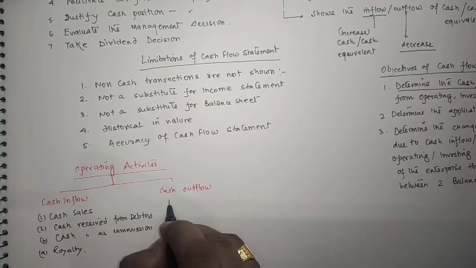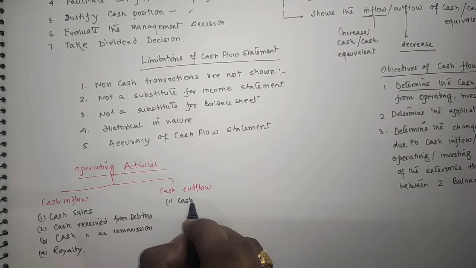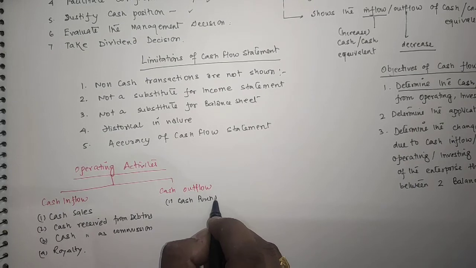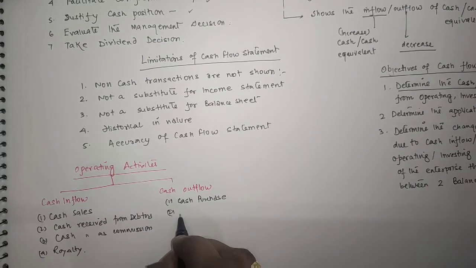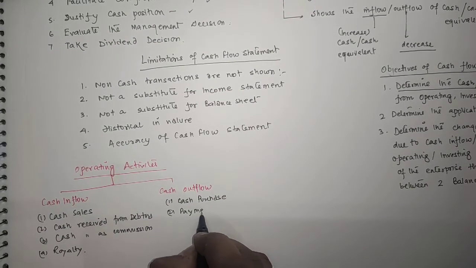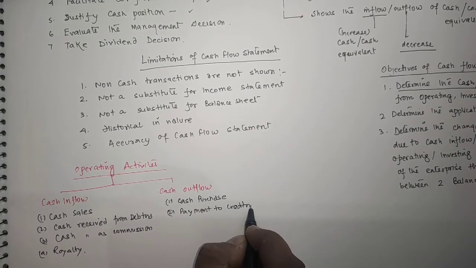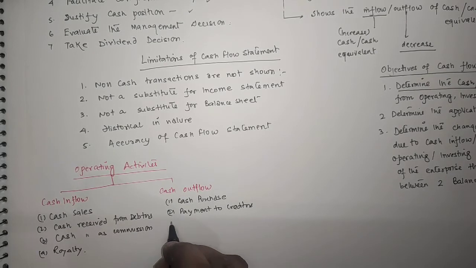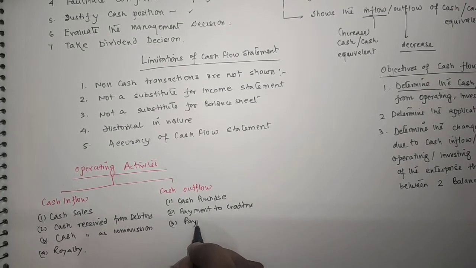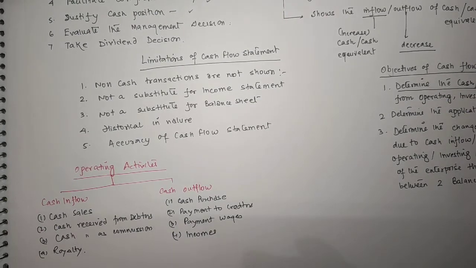So what are the cash outflows? It may be cash purchase, then payment to creditors, then payment of wages, then we have income tax. Yes, this comes under operating activities.